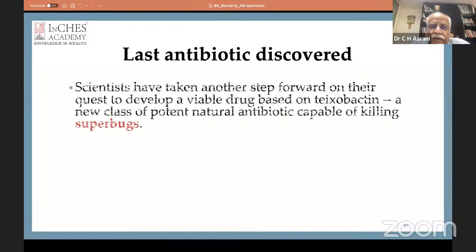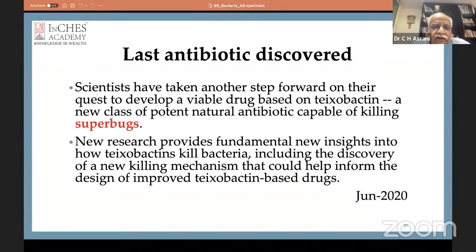And now, in June 2020, scientists have taken another step forward on their quest to develop a viable drug based on Teixobactin, a new class of potent natural antibiotic capable of killing superbugs. I'm happy it's not yet available in commercial market. Otherwise, we will have resistance to this also.